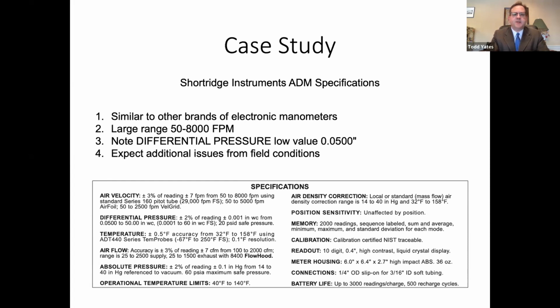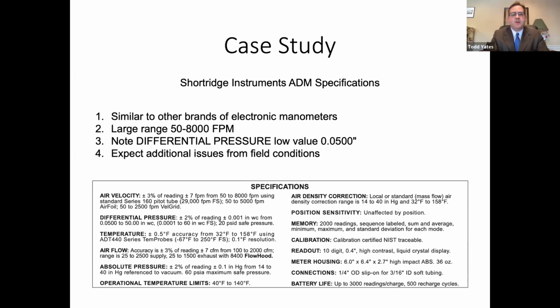So as I said, similar to other brands, the two things that matter to us here are air velocity and differential pressure. The air velocity is plus or minus 3%, plus or minus 7 feet per minute, from 50 to 8,000 feet per minute.